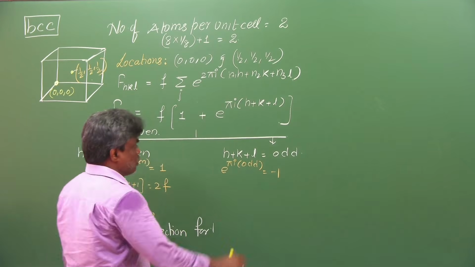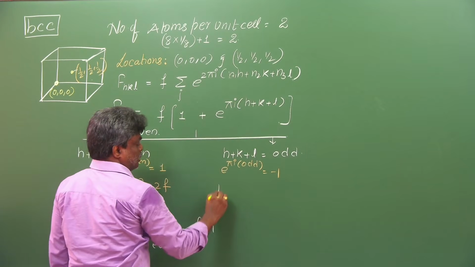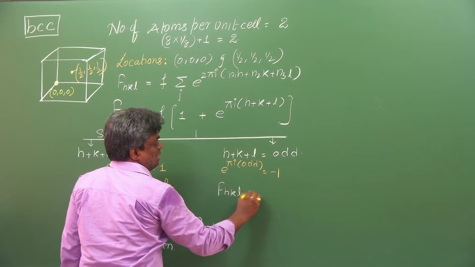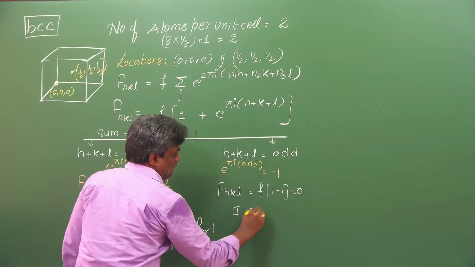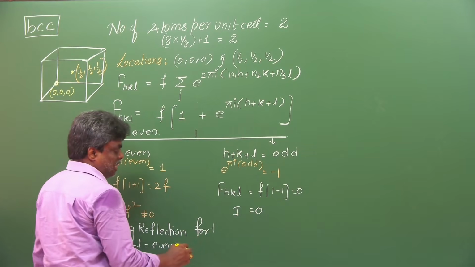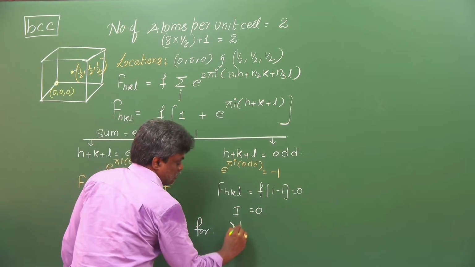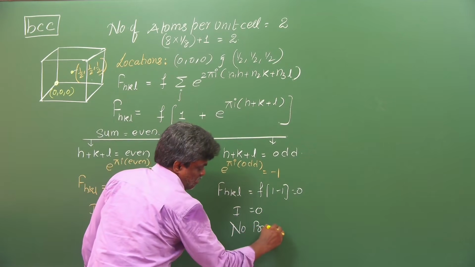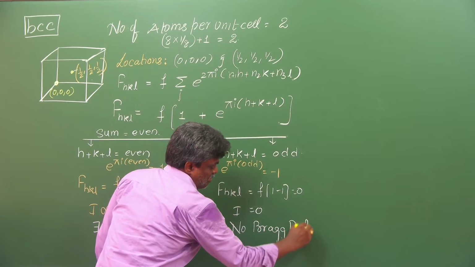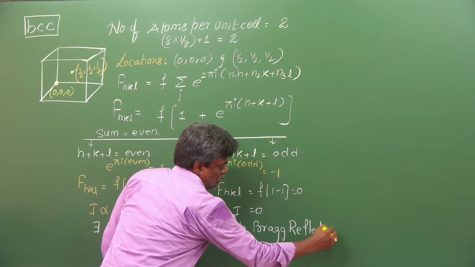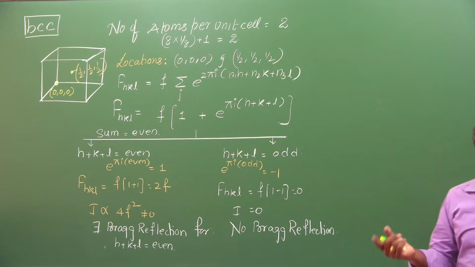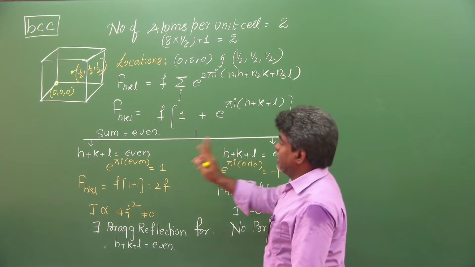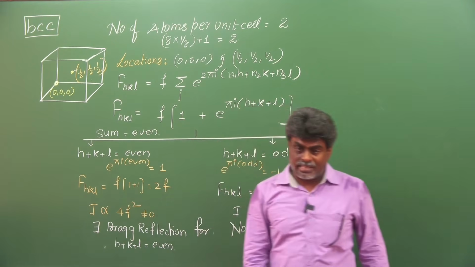Any doubt? So once it is -1, take it and substitute, then F_HKL equals f into 1 minus 1, how much? So intensity, is there any Bragg reflection? No. So which planes are Bragg reflected for the BCC structure, for which H plus K plus L is, ready?